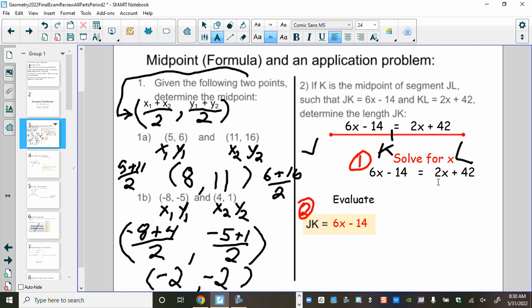So that's a minus 14, not plus 14. Okay, plus 14 goes over here. Opposite side of the equal sign. Right, and I think you had a similar situation.